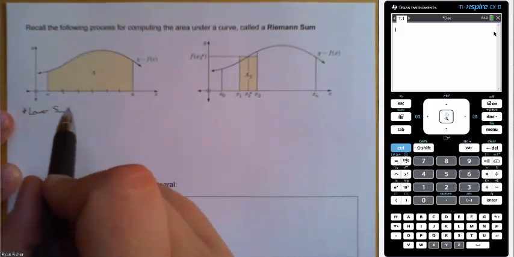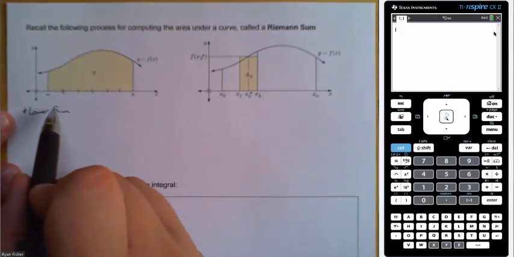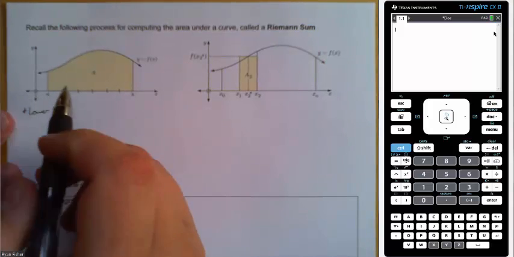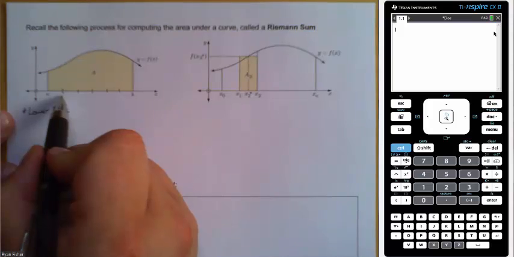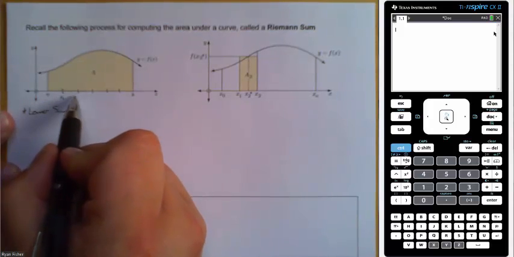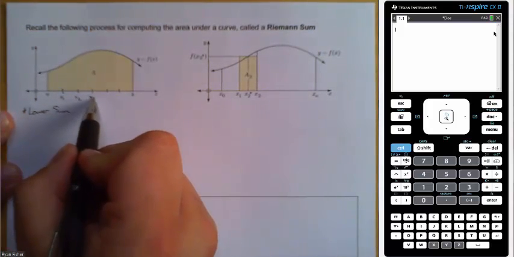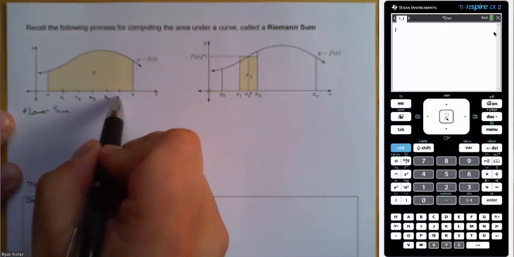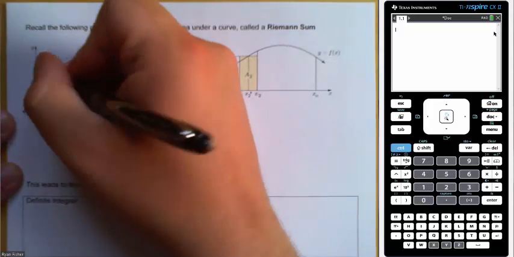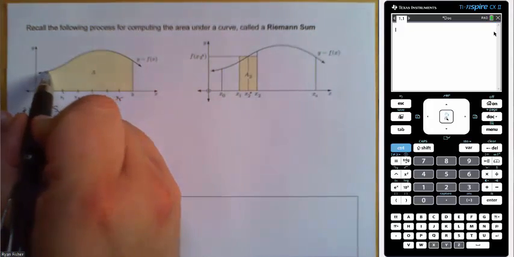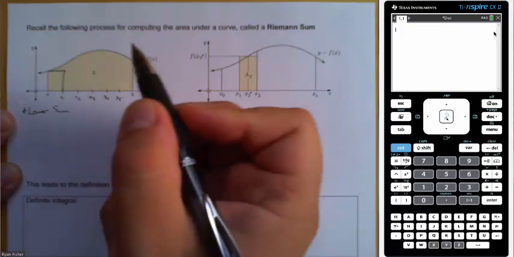The lower sum is gotten by creating a rectangle whose height is the minimum value that the function takes in each of these intervals. So this is the first interval, and this is the second. You've got a rectangle, and it looks like the minimum value is at this initial point.